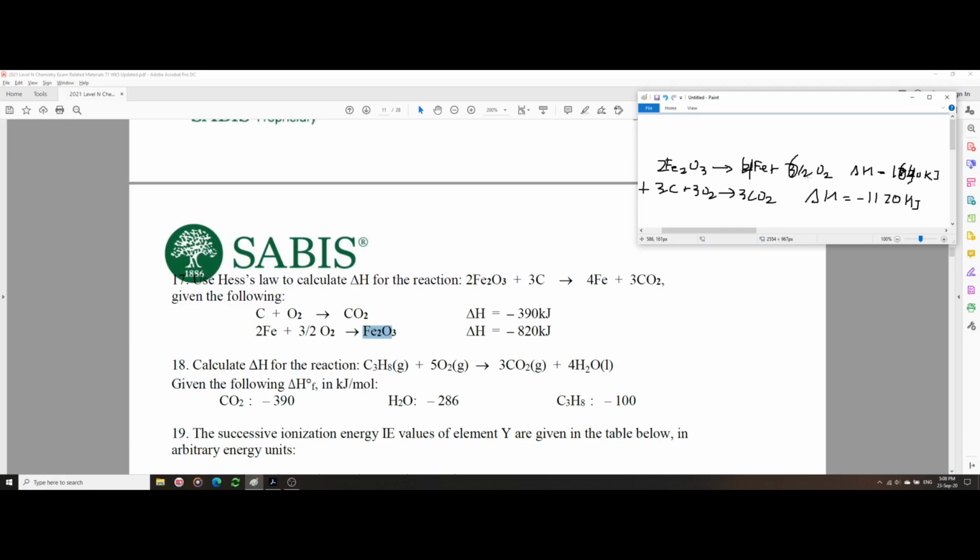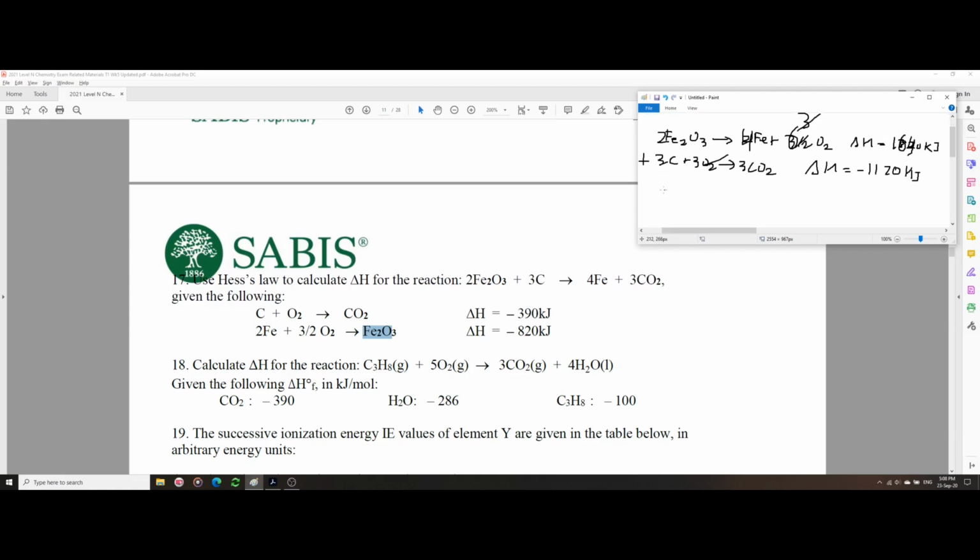This is 6 over 2, which is 3. 3 and 3 cancel, and you are basically left with 2Fe2O3 plus 3C to give 4Fe and 3CO2.